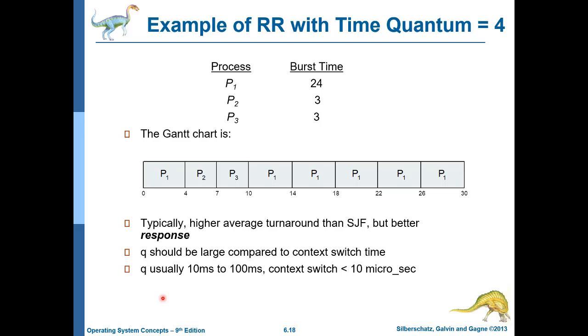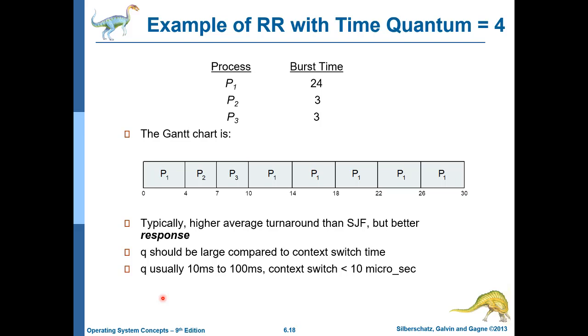So the important thing is that the q, the time quantum for one process to be on the CPU, should be large compared to the context switch time, because if it is not very large, then it will be taking the same time as the context switch, which is not good for performance.